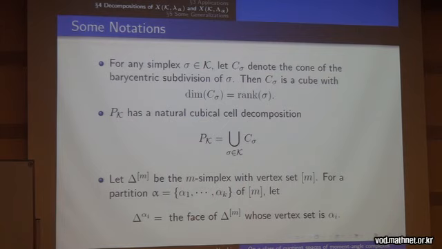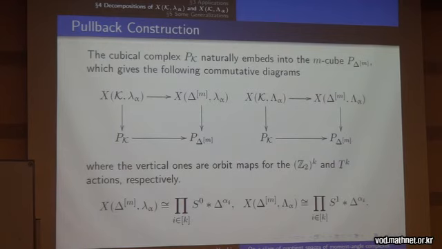Okay, I think I have no time. I'm sorry. This is a very rough idea of how the proof goes. I explained the difference between this and the moment-angle complex. The basic building blocks of a polyhedral product are products of spaces, but for quotient spaces of moment-angle complexes, the building blocks are like this.